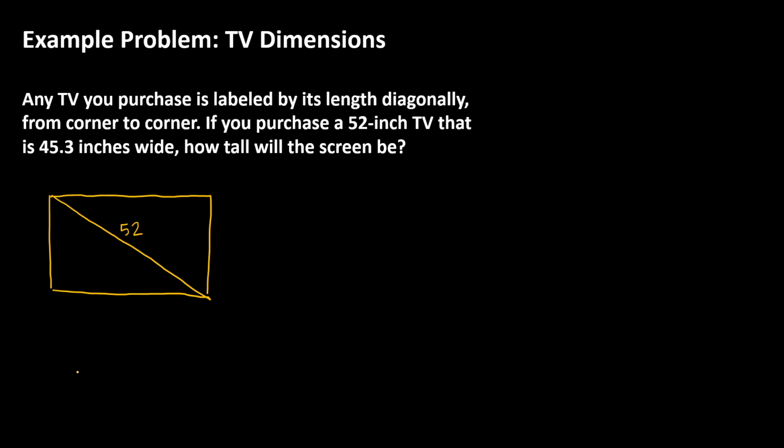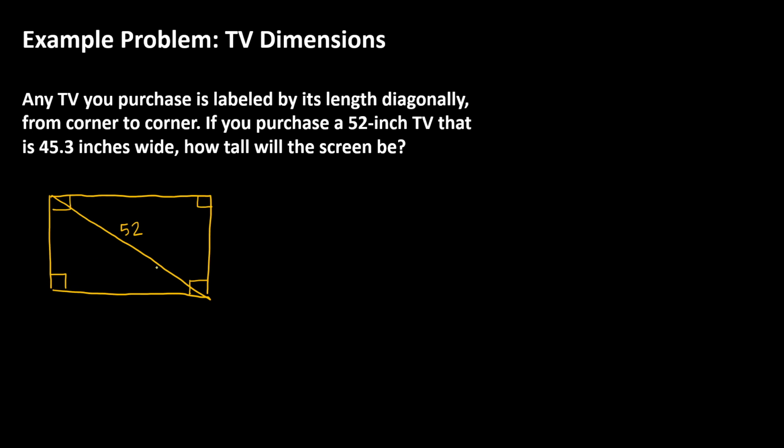So our problem is asking, if you purchase a 52-inch TV that is 45.3 inches wide, how tall will the screen be? So this is an example we can use the Pythagorean Theorem in, because we're dealing with a rectangle here. TVs are not circular, they're not oval, they are rectangles. So we know that the angles on this TV are all right angles. So we're dealing with right triangles here.